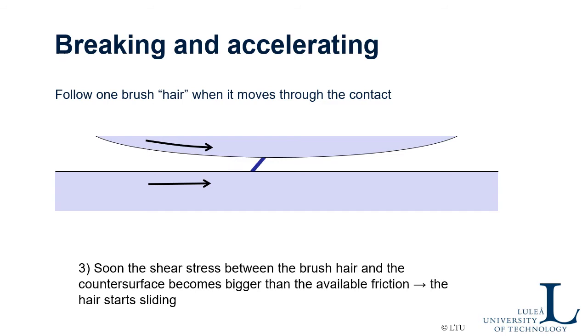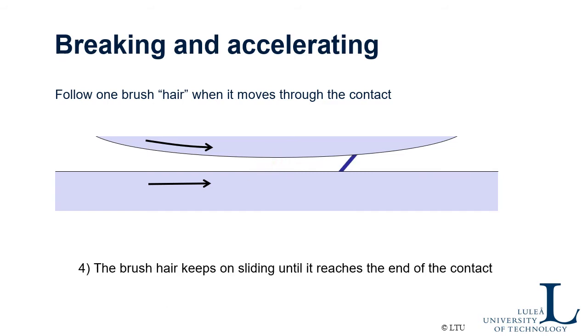And then when you keep on shearing the brush hair, you will soon reach a position when the available friction is not high enough to keep it sticking to the lower surface, so it starts sliding. In this deformed state, it will continue sliding through the contact as shown here, and it will do that until it reaches the end of the contact, and then it's released again.